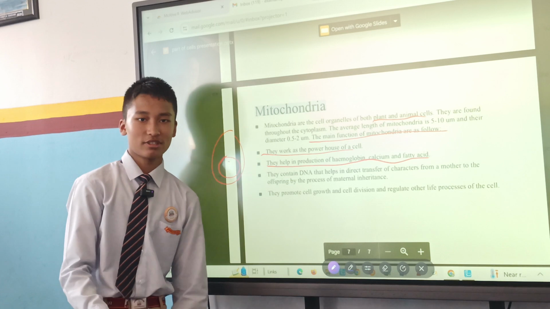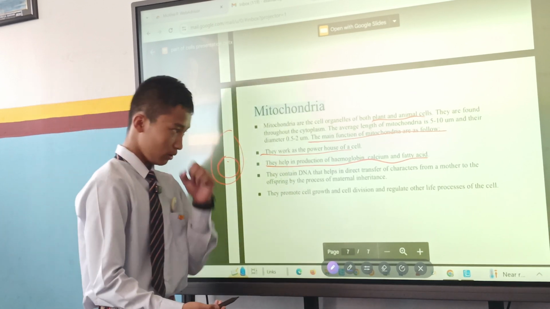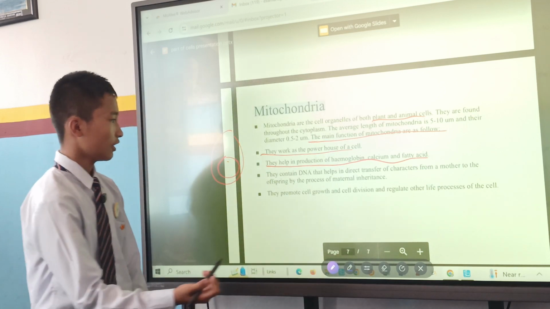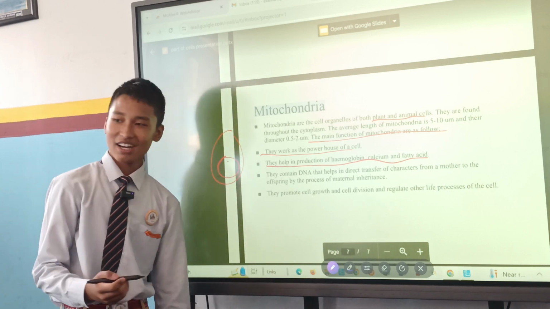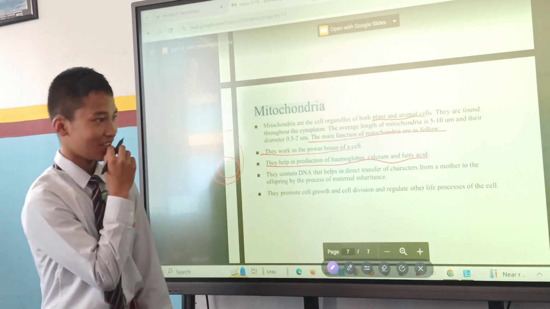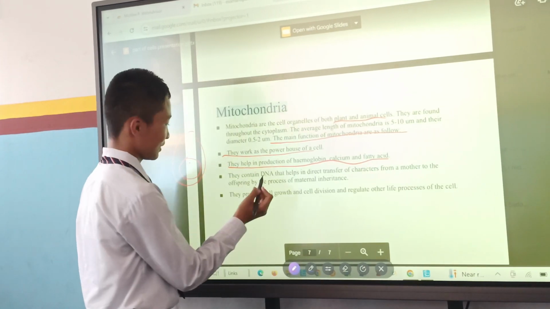Calcium is what our bones are made out of. It is needed for our bones to be strong and healthy. Fatty acid is fat. Hemoglobin is the red protein that is present in blood.